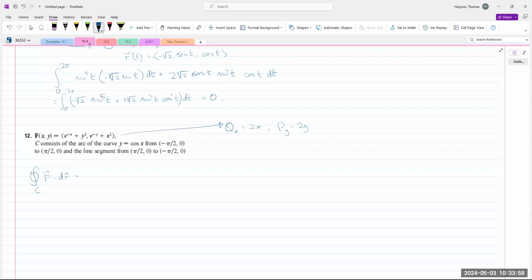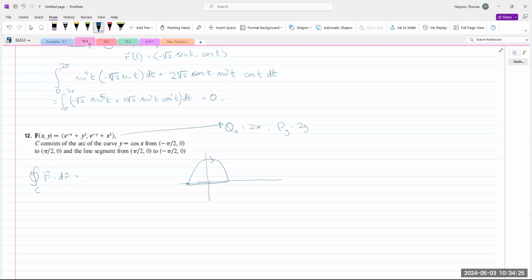Okay, C consists of the arc of the curve y equals cosine x from negative pi over 2, 0 to pi over 2, 0. So it looks like this, the cosine part. And then the line segment from pi over 2, 0 to negative pi over 2, 0.